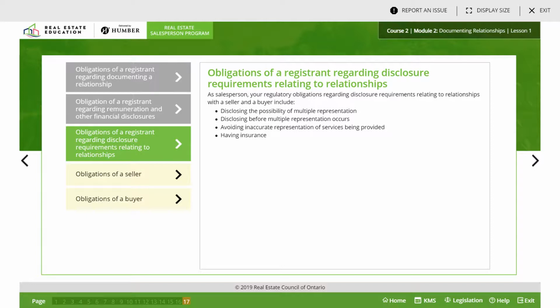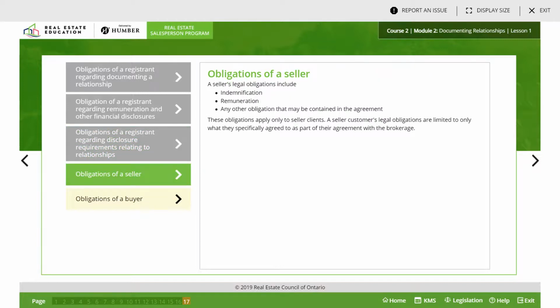As a salesperson, your regulatory obligations regarding disclosure requirements relating to relationships with a seller and a buyer include disclosing the possibility of multiple representation, disclosing before multiple representation occurs, avoiding inaccurate representation of services being provided, and having insurance. Obligations of a seller.